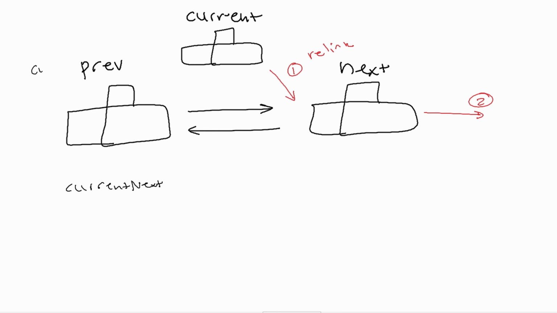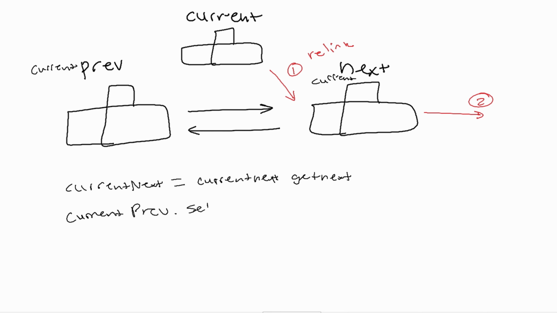This is going to be current prev, and this is current next. That's how we wrote it specifically in our code. So current next is equal to current next dot get next, and that is linking it to the next node. Now we want to link the previous, so we're going to do current prev dot set prev.